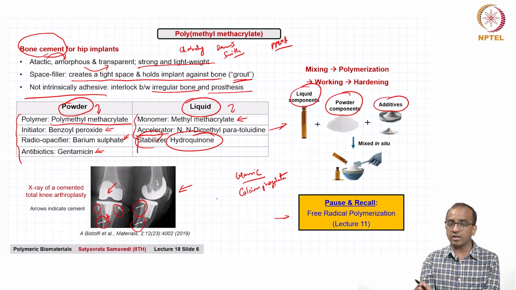It will not be bioactive on its own, but if you want to make the system bioactive in the sense that it can actively interact with the biological host, then you can add additives like calcium based, magnesium based oxides, phosphates, etc., which can help the bone cement to become bioactive. So, this is a good example of how a material that is not intrinsically bioactive can be made bioactive.